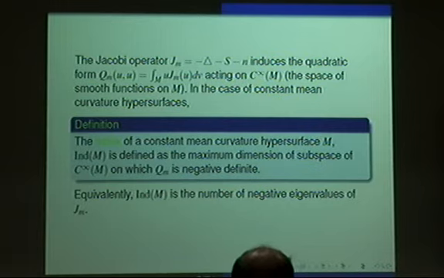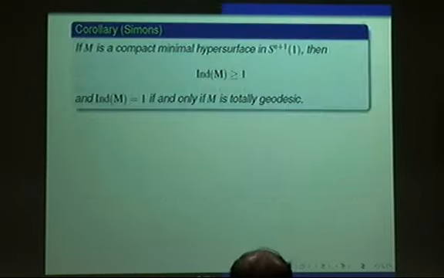From this definition and the above theorems, we can get the first corollary, due to the GSM. If M is a compact minimal hypersurface in a unit sphere, then the index is not less than 1. Further, the index is equal to 1 if and only if M is totally geodesic. So this is the first result.